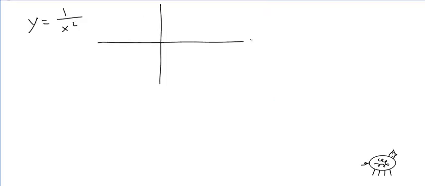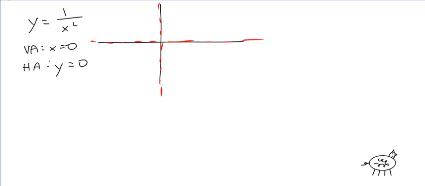Let's look at y equals 1 over x squared. Well, again, if you graph this thing, I know I'm going to have a vertical asymptote at x squared equals 0, so x equals 0, and a horizontal asymptote at y equals 0. So same deal. Let's graph a couple things here.